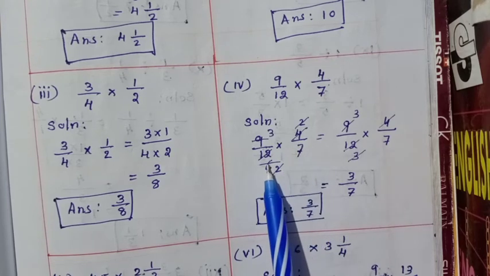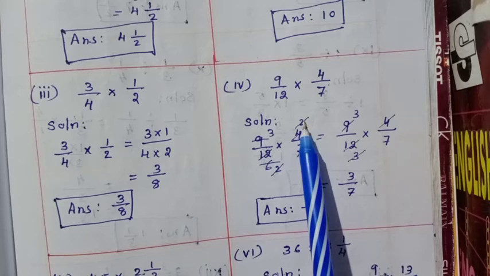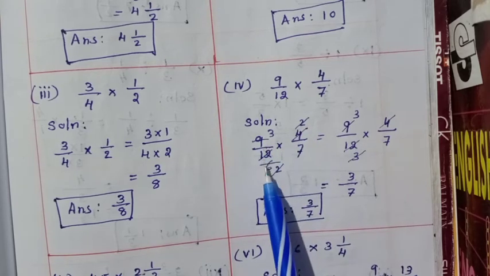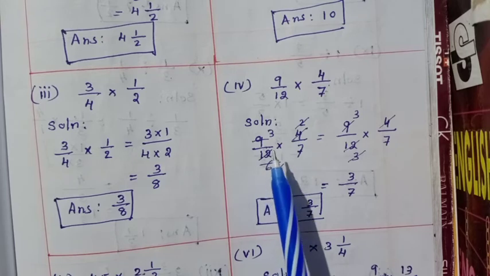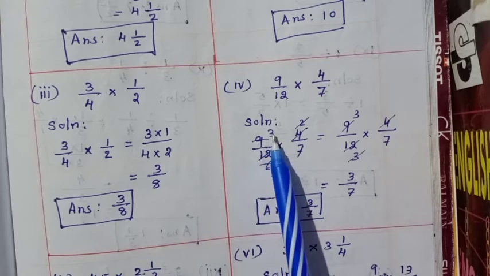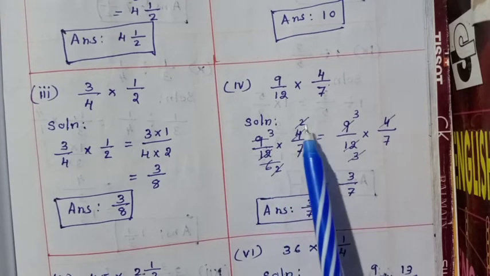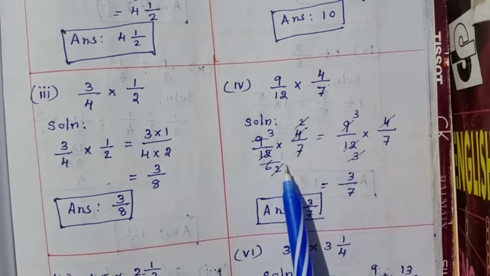So again 6 and 9 we can divide by 3. 3 how many times in 9? 3 times. 3 how many times in 6? That's 2 times. So that 2 and this 2 we can divide.